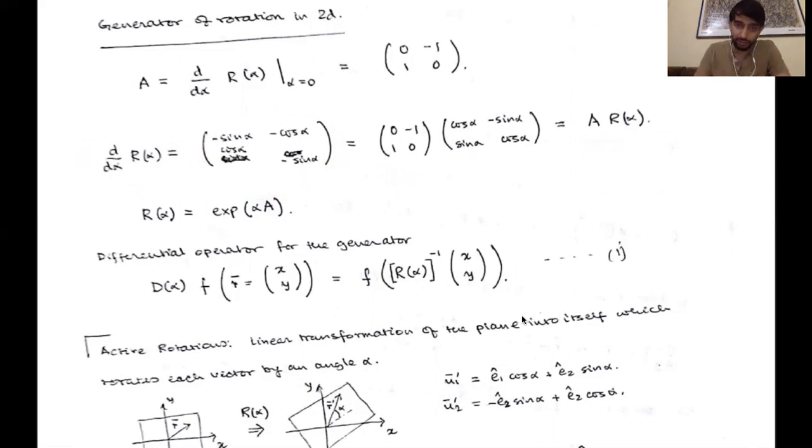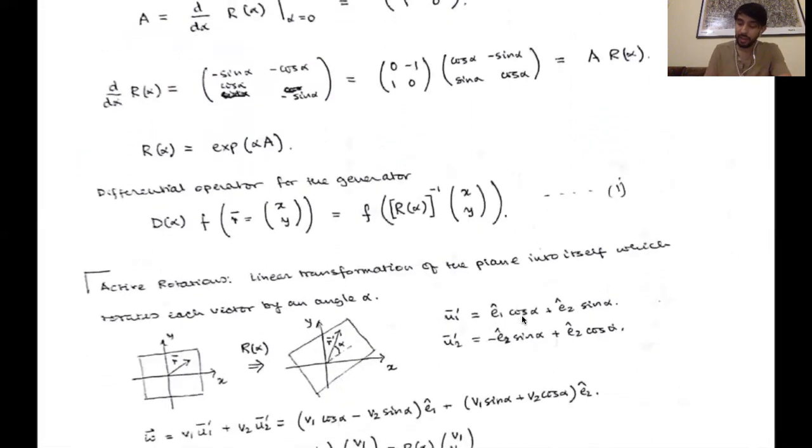Now we can try and figure out what the differential form for the generator is.